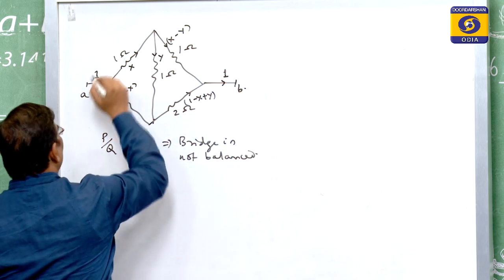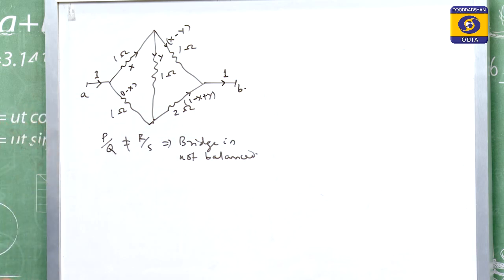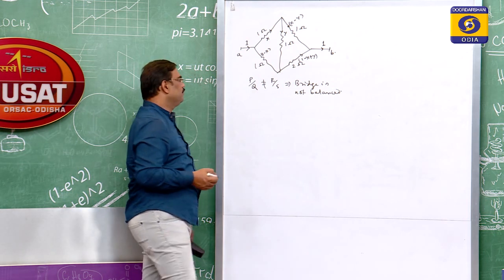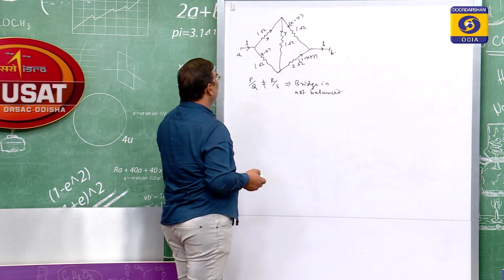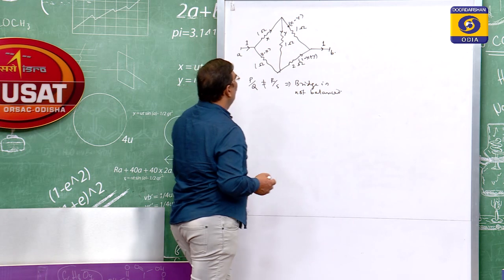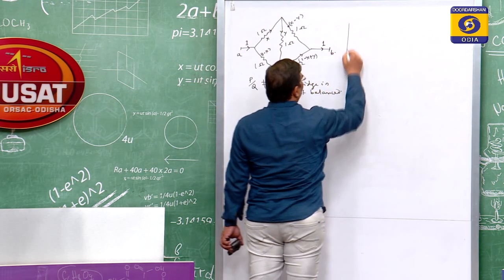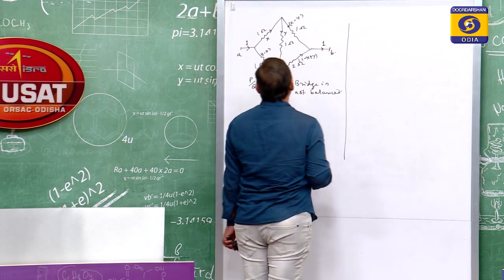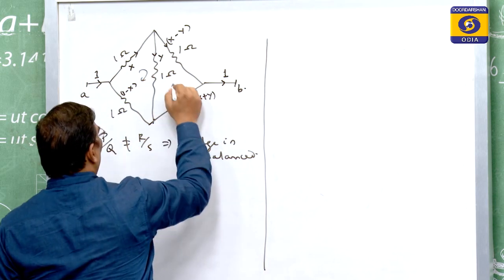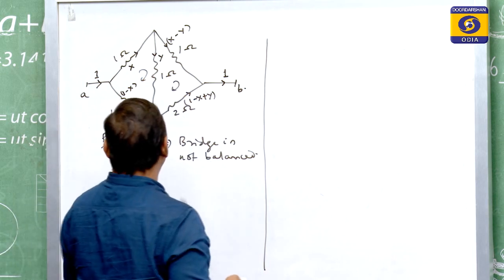So, unit current is entering the junction and unit current is coming out of the network. Now let us apply Kirchhoff's law in both the meshes.